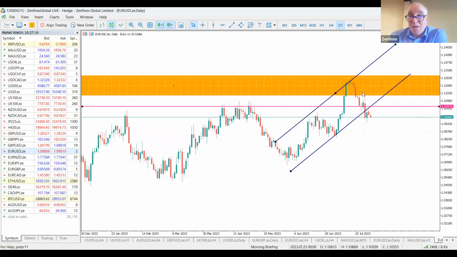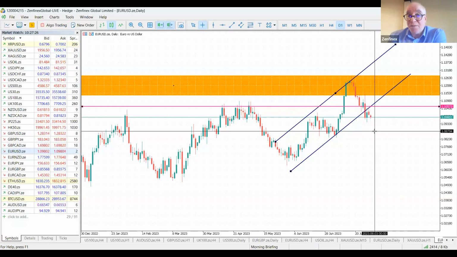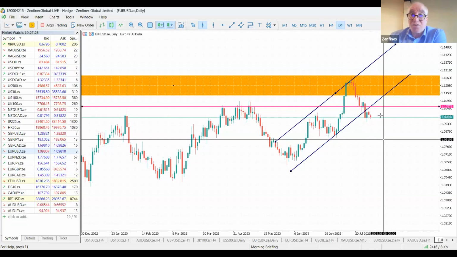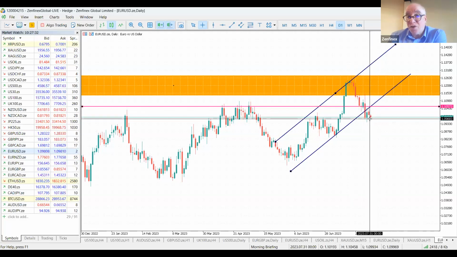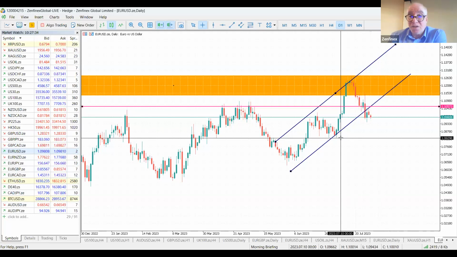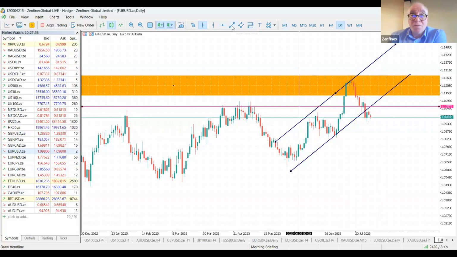So it came to this rejection point here, bounced off it, hit the bottom of this weekly gap fill, and now is heading down, right? So where is it going to come down to? Is this whole area now going to be a catalyst for it to come and retest these levels here? Level here.